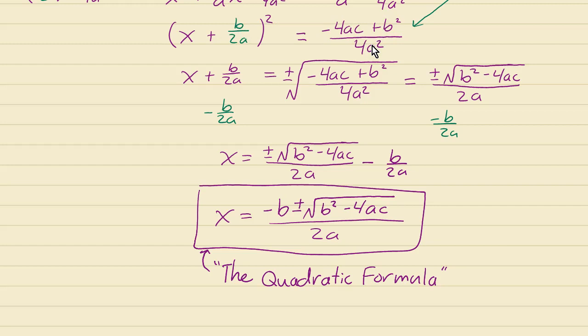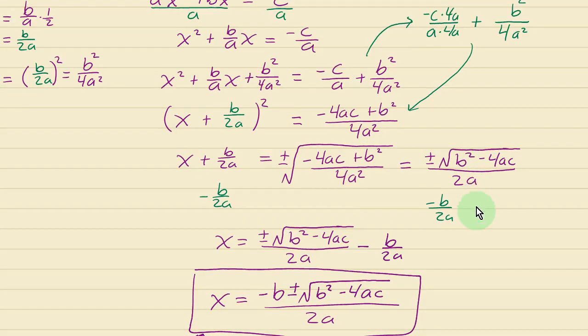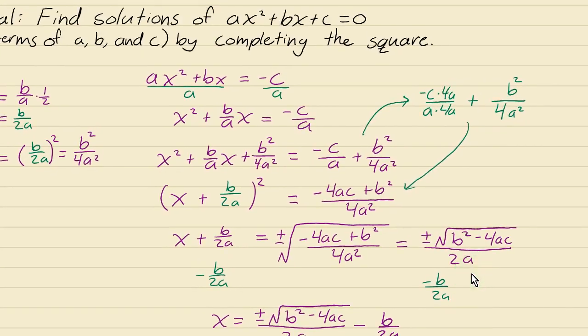What I mean by that is when you deal with this abstract equation with the ax squared plus bx plus c equals 0, that could be any quadratic equation. And really, I just kind of solved all of them.